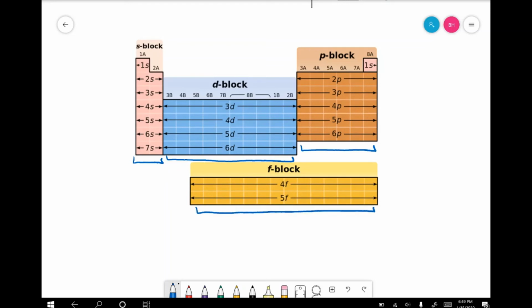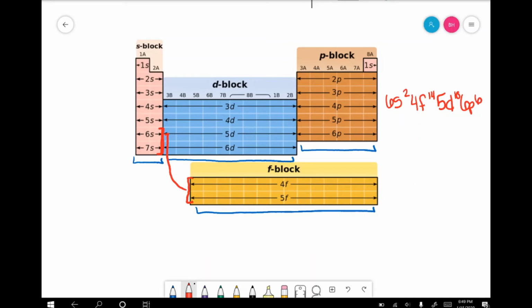Now, one of the things that I want to note about my F block is that this actually ties in right here. So this actually comes in right after the 6s. So if I were to label, say, starting from my 6s, I would go 6s2, 4f14, 5d10, and then 6p6 if I want to go all the way through.